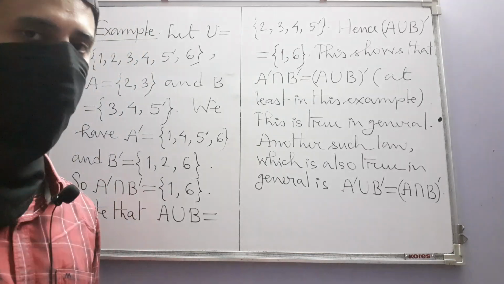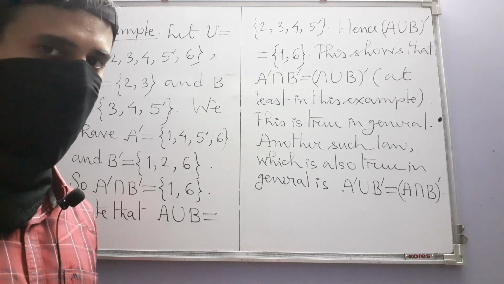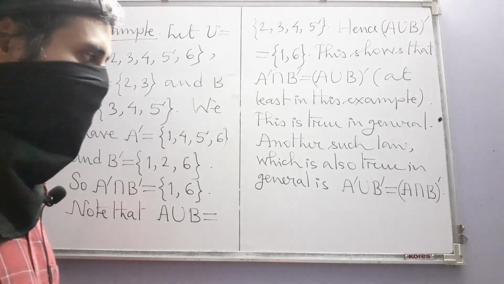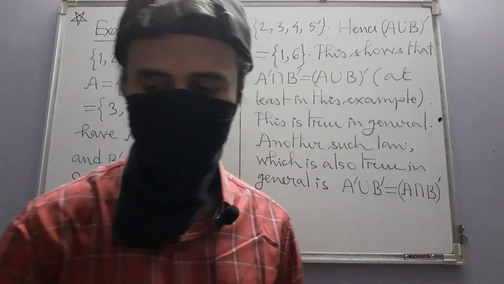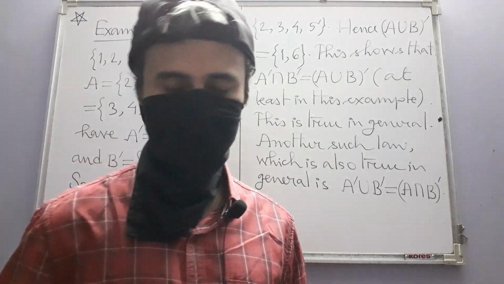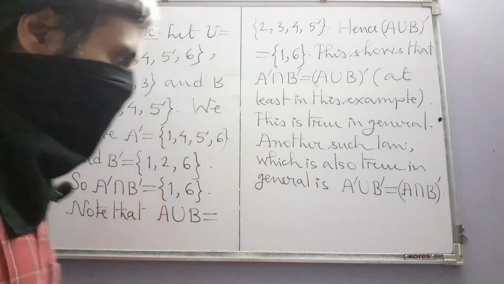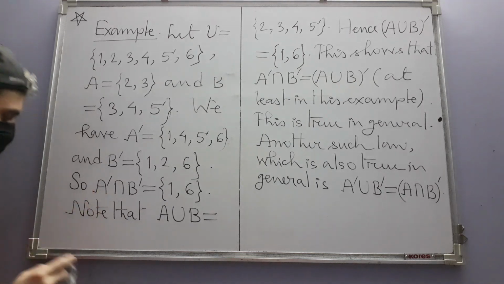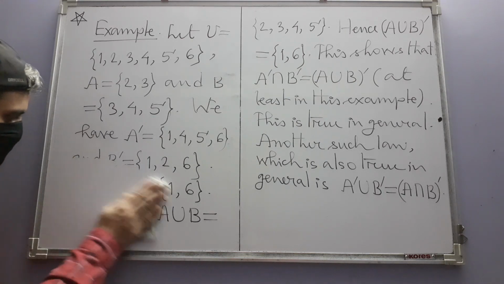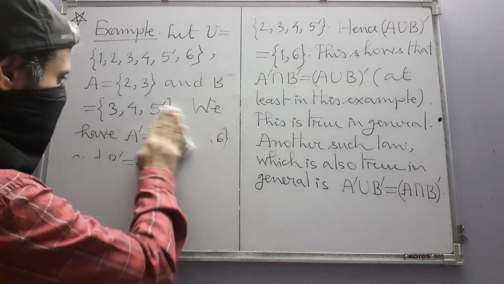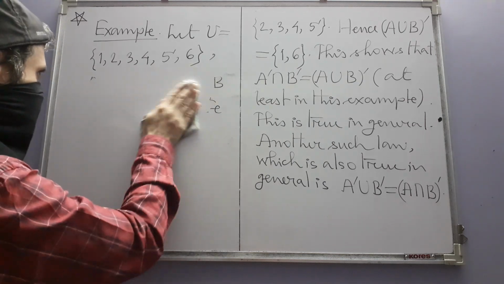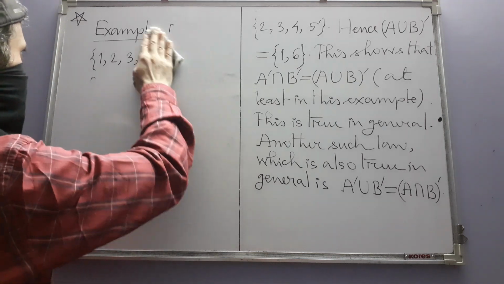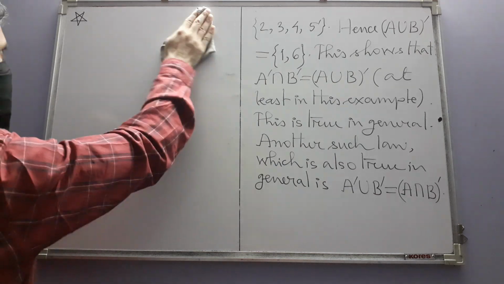So it's named after him. These are called the De Morgan laws. Actually, strictly speaking, the De Morgan laws are some statements from mathematical logic. And these set theoretic identities are consequences of that statement. But here also, these have retained the same name, De Morgan's laws.